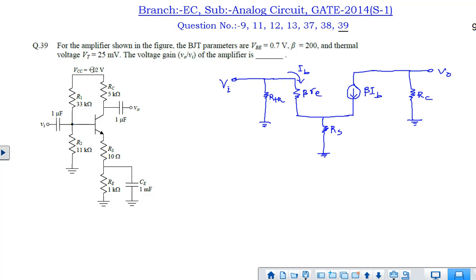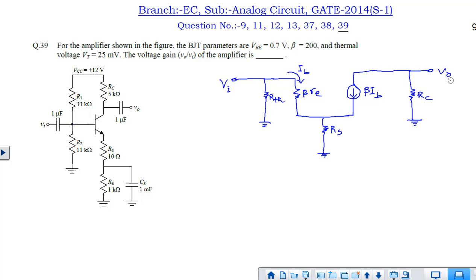All the DC voltages will be 0, or they will be represented by their internal resistance, that is 0. That's why those will be removed and these things will be grounded. So the small signal circuit will be looking like this. So you can find out the voltage gain from this small signal circuit.